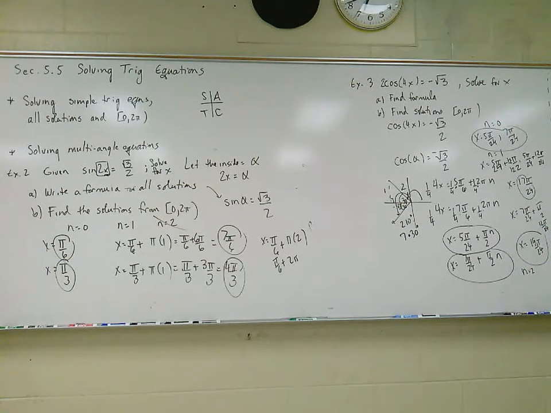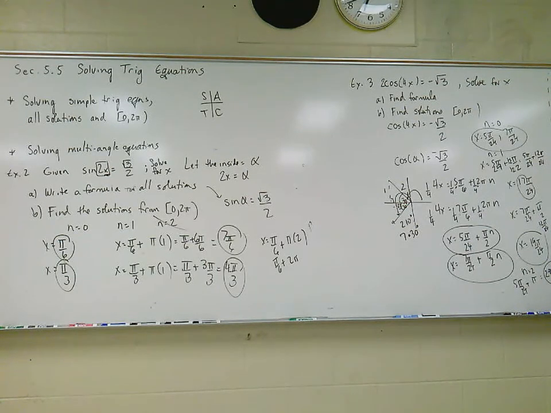I'm running out of room here. So it's going to be 5 pi over 24 plus what? Plus, when I plug in the 2, it's just plus pi, which we're going to make 24 pi over 24. So what do you get there? 29 pi over 24.